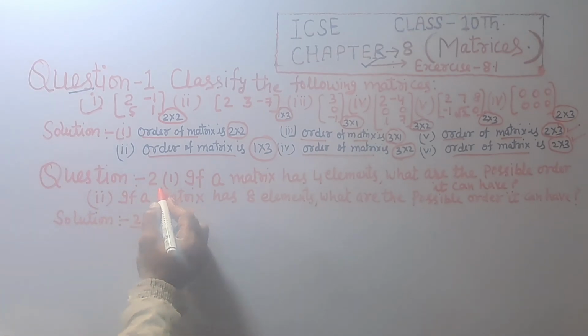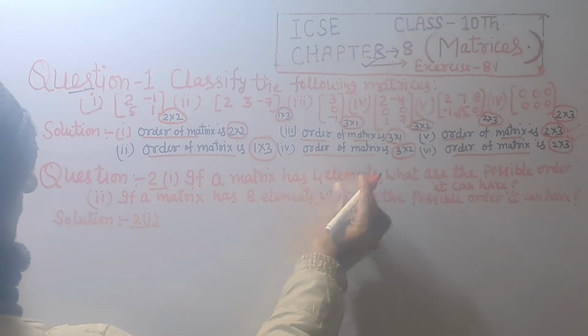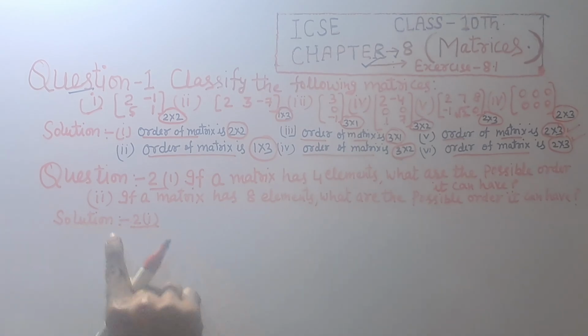Question number second, first part: if a matrix has 4 elements, what are the possible orders it can have?